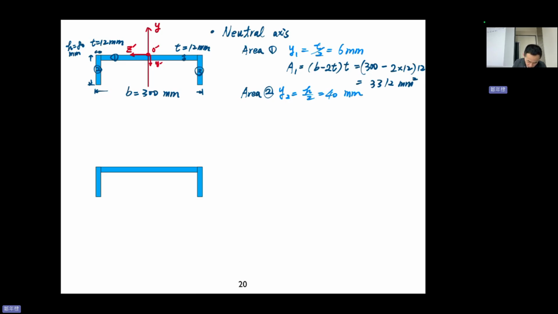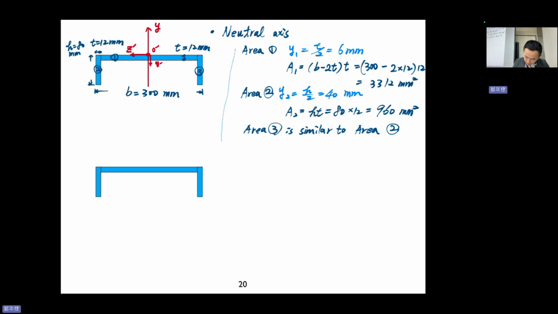How about A2? A2 is simple. h times t equals 80 times 12 equals 960 millimeter square. And area 3 is similar to area 2, so we don't need to determine that yet. All right.